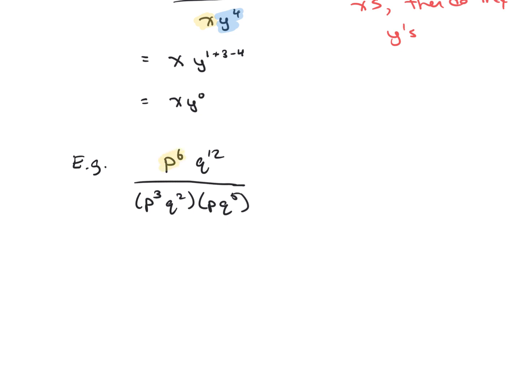So the first letter I'll do is p's. Okay, so looking at the p's, just ignoring the q's completely, I have p to the 6 over p to the 3 times p. We do have to follow order of operations here, BEDMAS, and I don't know if you remember, a long time ago, I gave a suggestion.